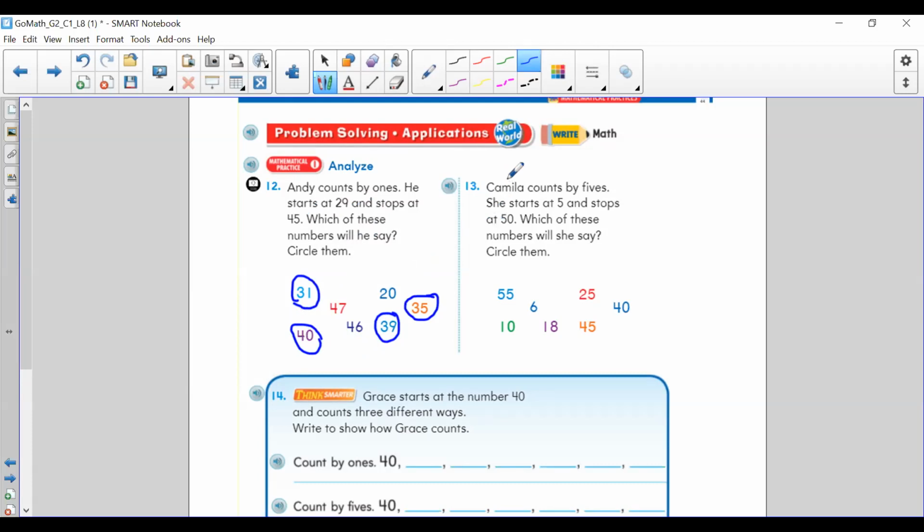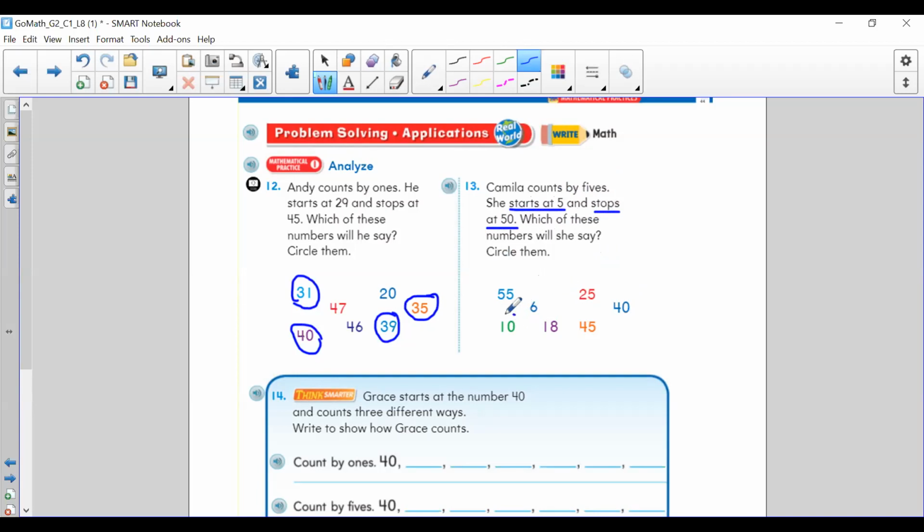Next, we have Camilla. Camilla counts by fives. She starts at 5 and stops at 50. Which of these numbers will she say? Okay, so nothing before 5 and nothing after 50, and it has to be by fives. So let's count by fives. 5, 10.